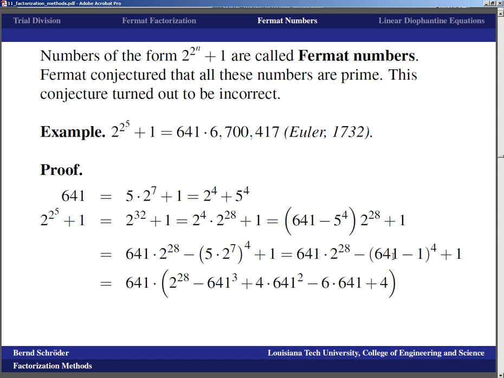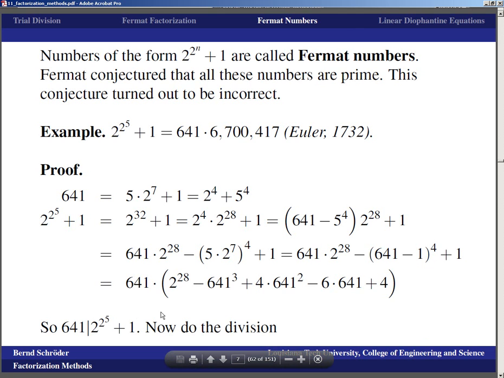Then we've got 6 times 641 squared with a minus, so minus 6 times 641 times 641. Then we have minus 4 times 641 with an extra minus here, so that would be plus 4 times 641. And then we end up with minus 1 to the 4th plus 1, that cancels out. And, well, so that means that 641 divides 2 to the 5th plus 1. And now you do the division, and that would do it.